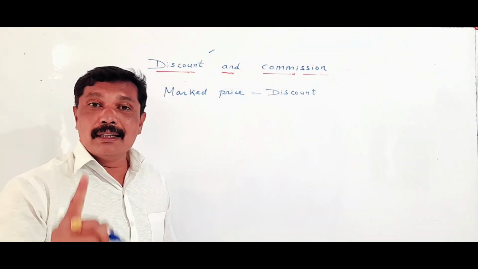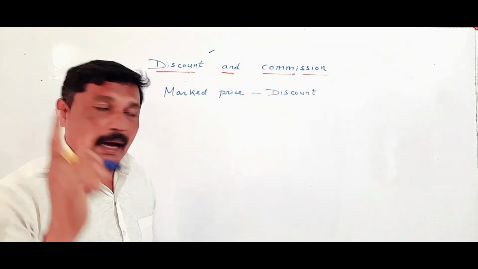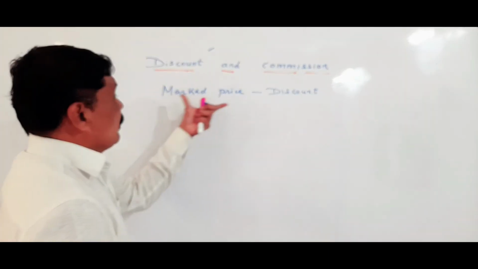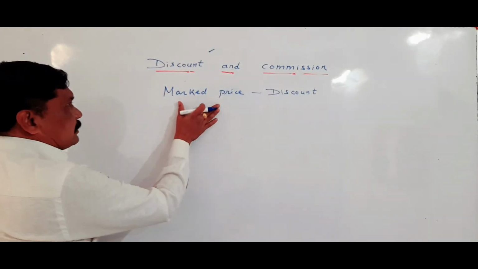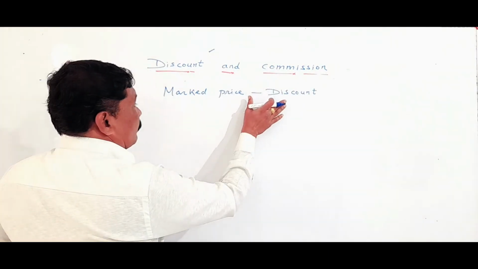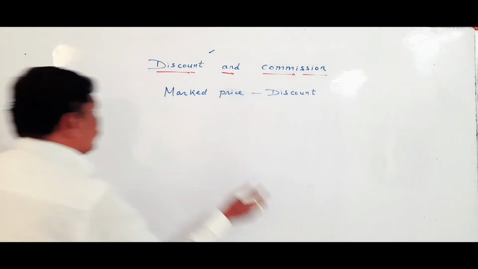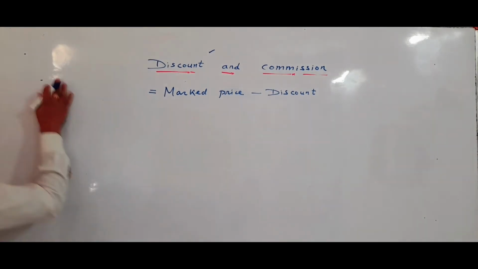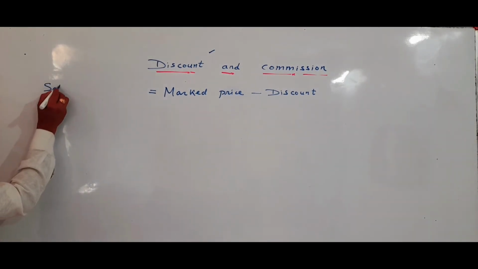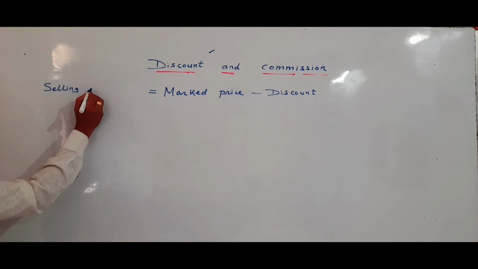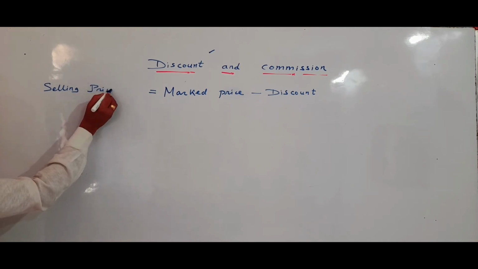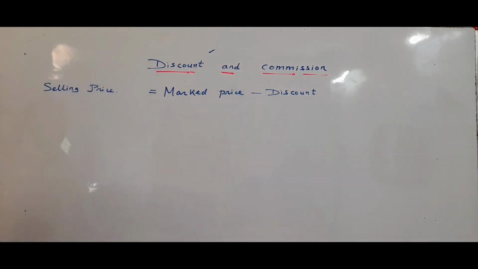Discount is always given upon mark price. So mark price minus discount will be equal to selling price.